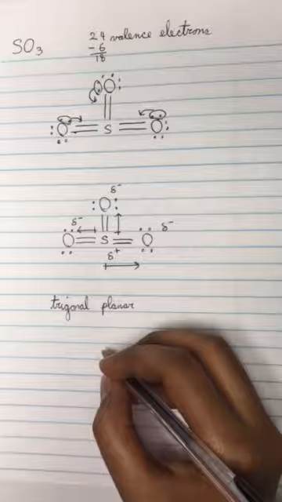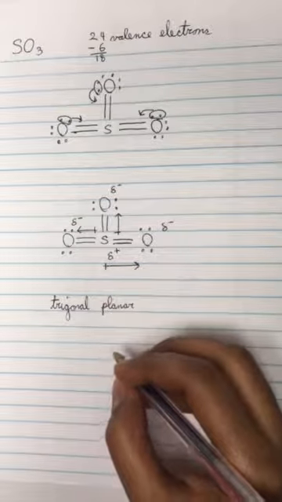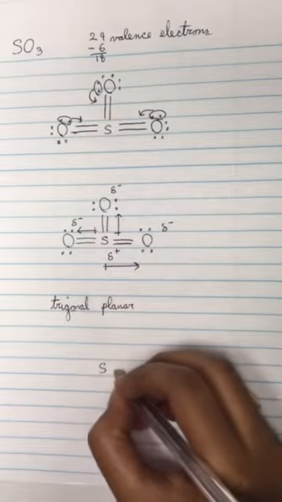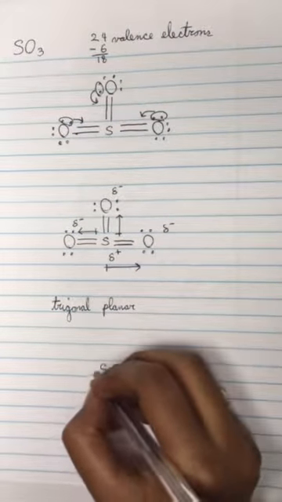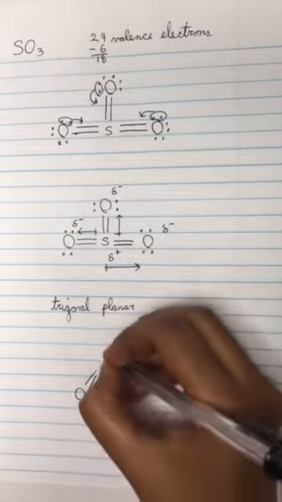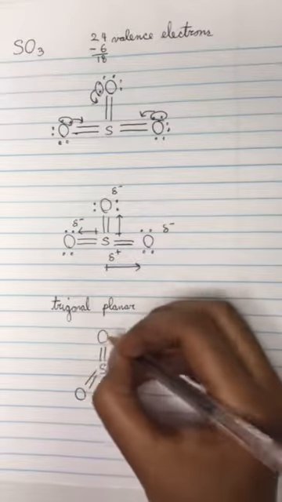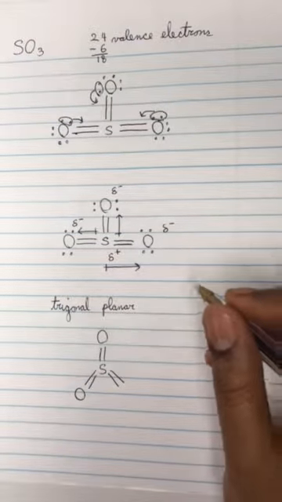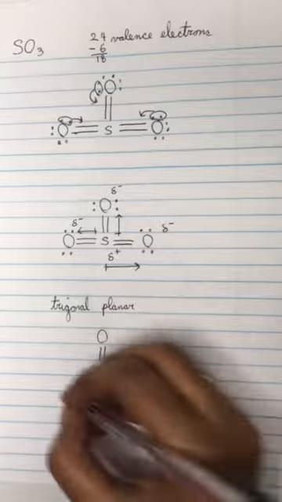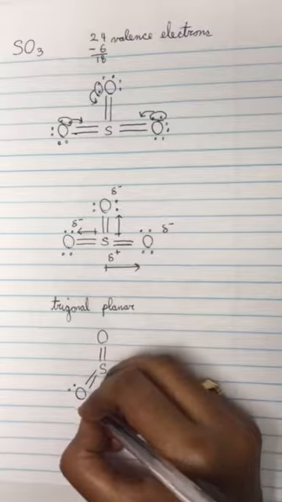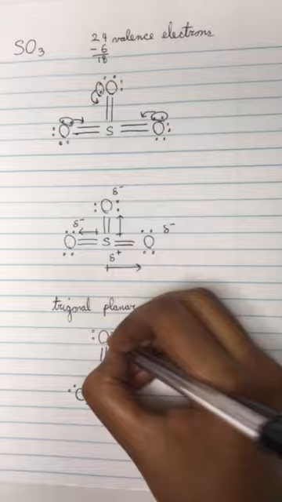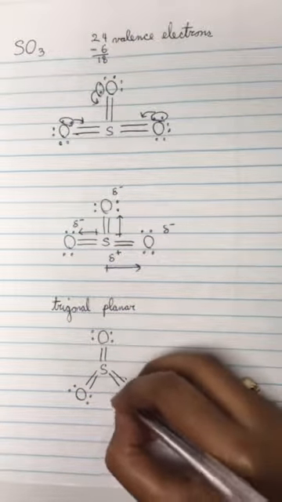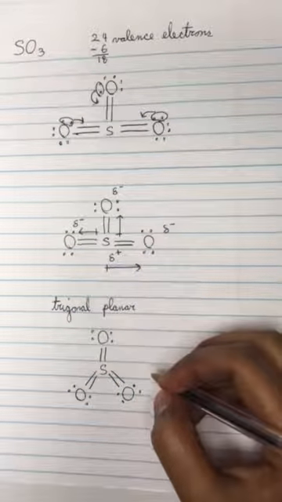Now I will draw the molecular geometry of SO3. Since SO3 has a molecular geometry of trigonal planar, the 3 outside oxygen atoms are apart by 120 degrees. This also means that the bond dipoles are 120 degrees apart.